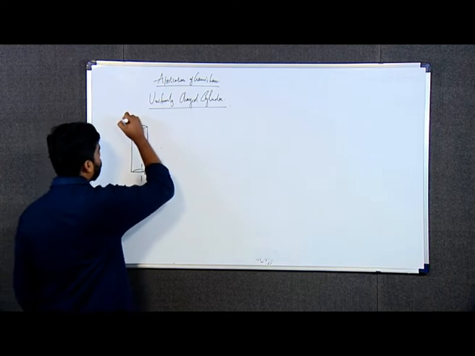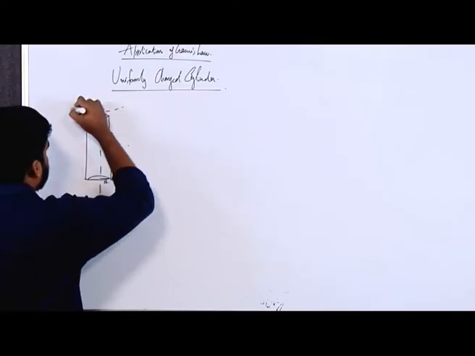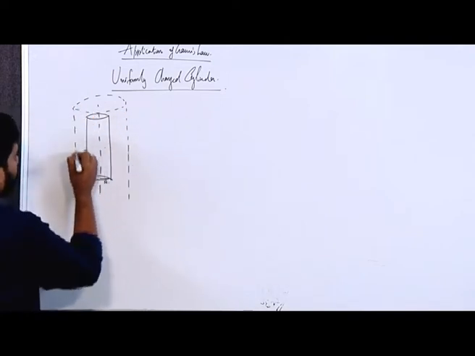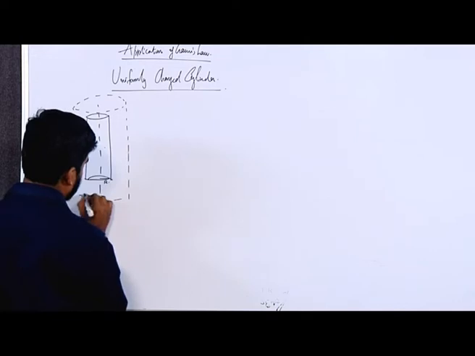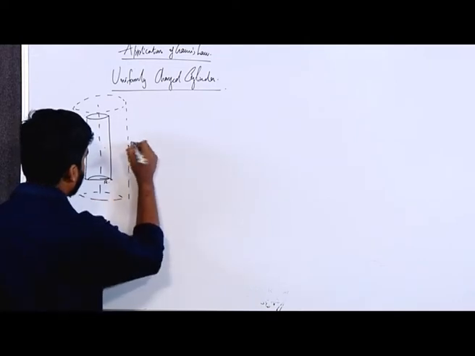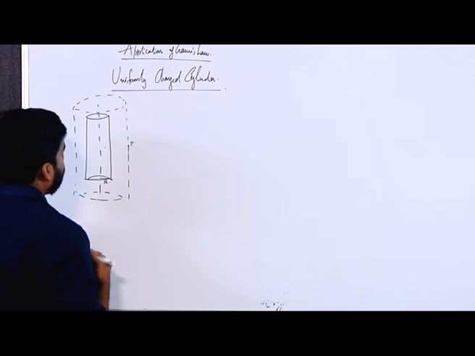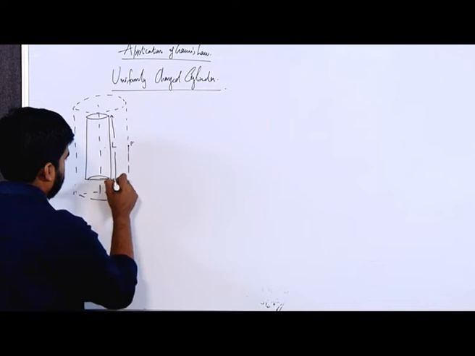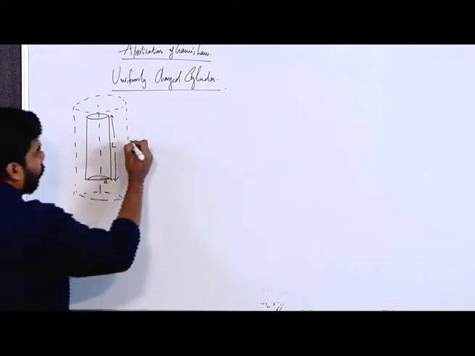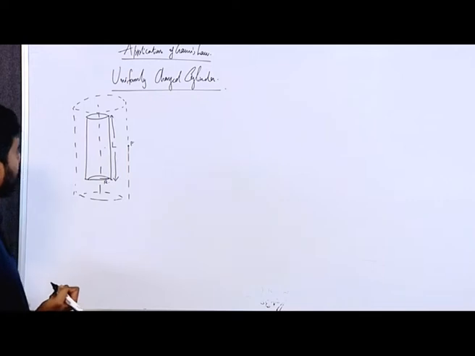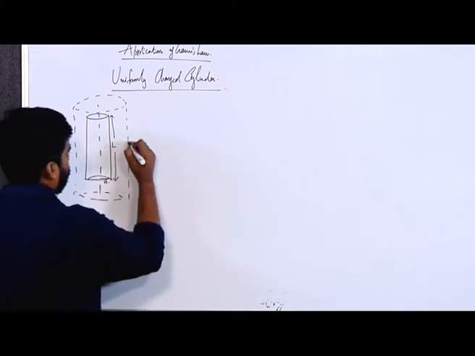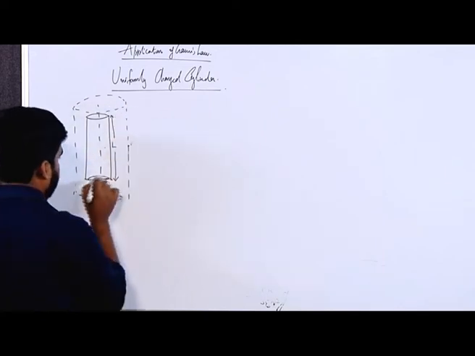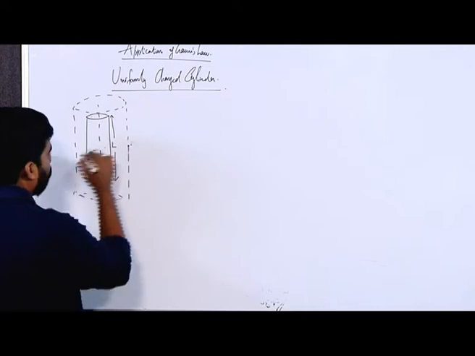The same process, consider a Gaussian cylinder at the point P, where we want to find out the electric field, and the cylinder has a length L. Now, what is the electric field at this point P? For that, we are considering three different surfaces, two bases and one curved surface.